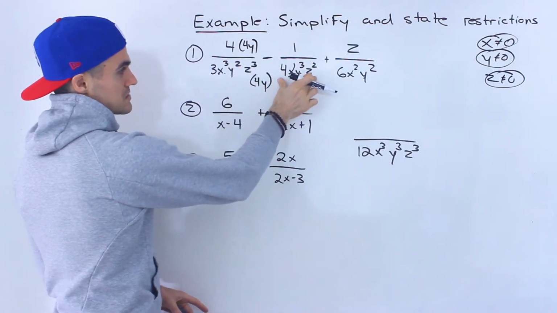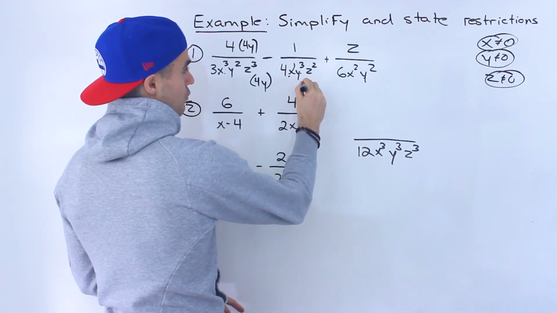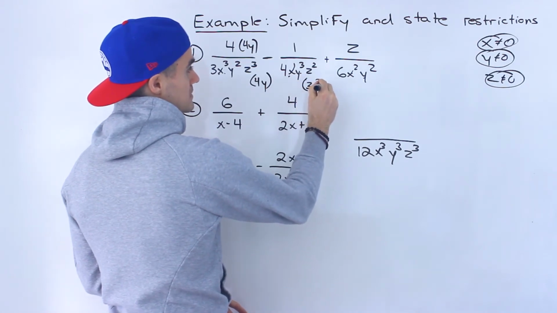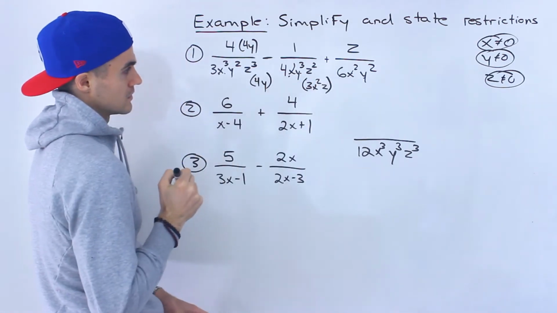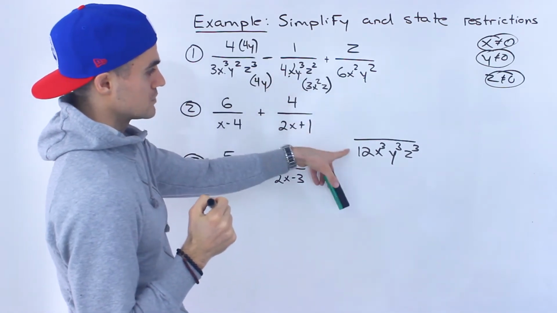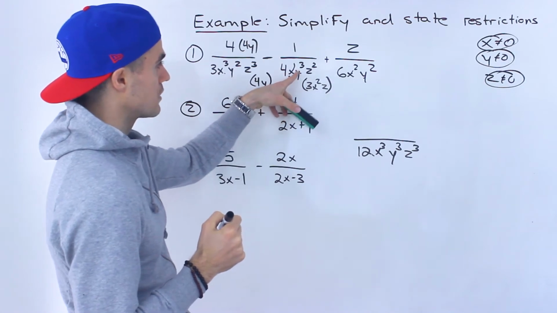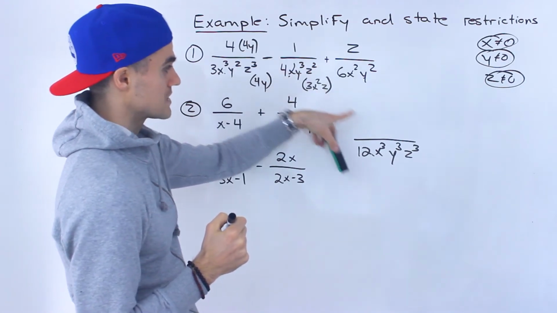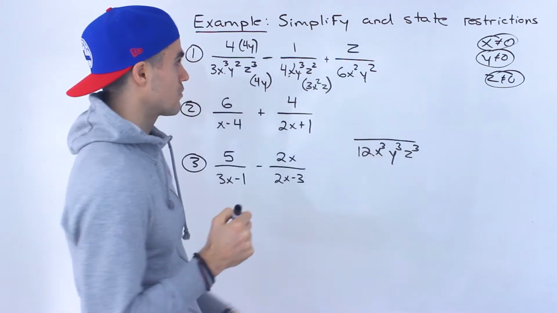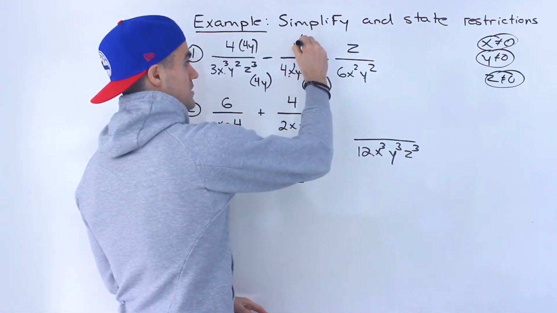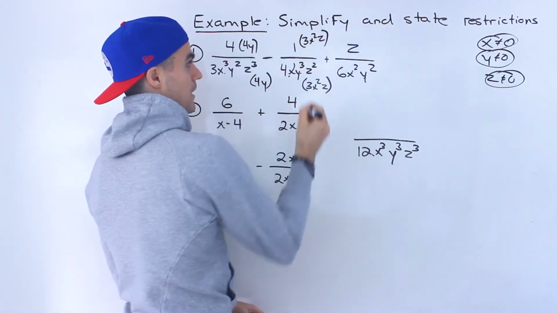What do we have to multiply this by to get this? 3x squared z, right? 3 times 4, 12. X to the 1 times x to the 2, x to the 3. The y to the 3 is there already. Z to the 2 times z to the 1 gives us z to the 3. So we have to multiply the top by that same amount.